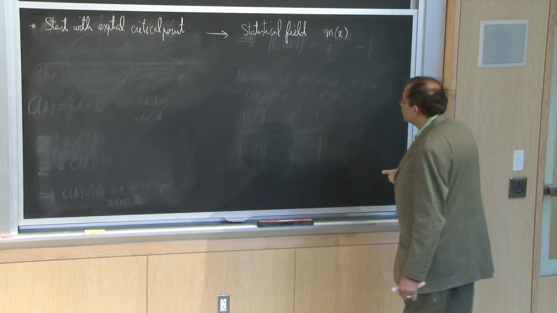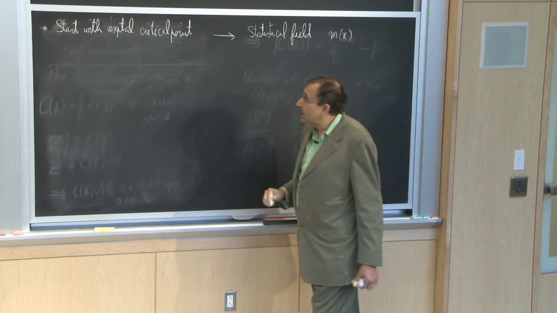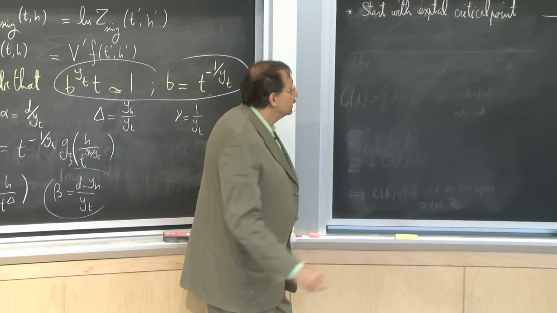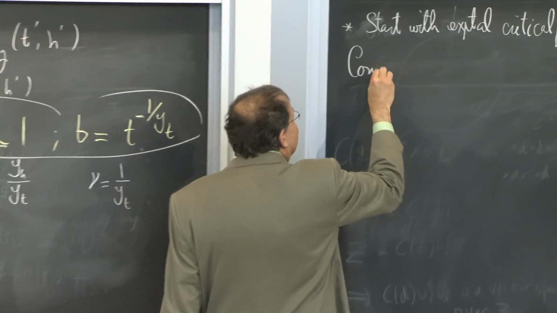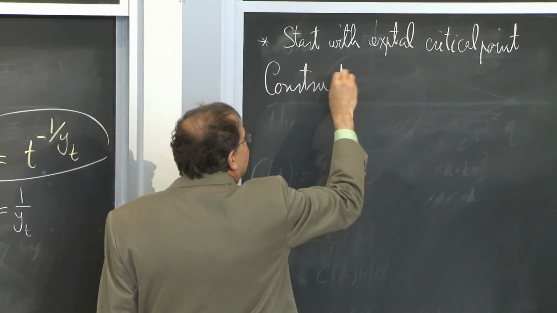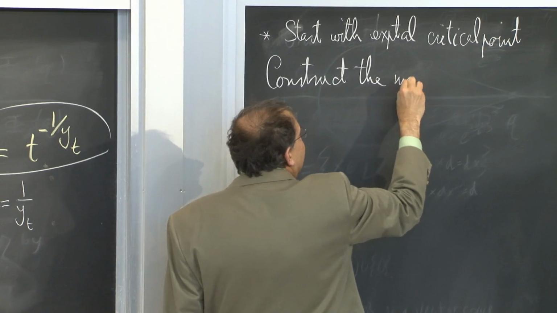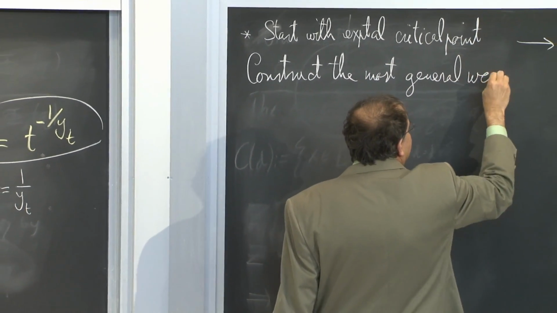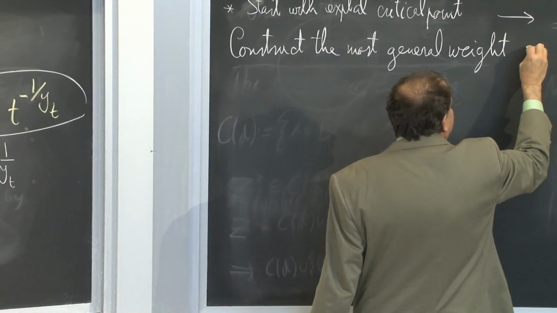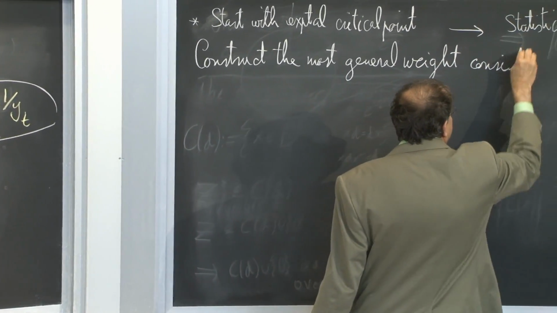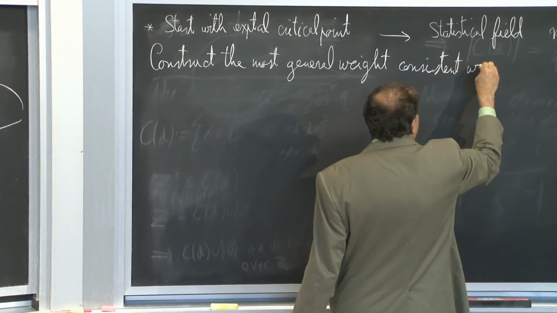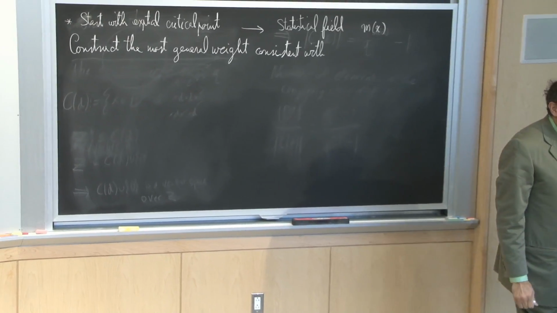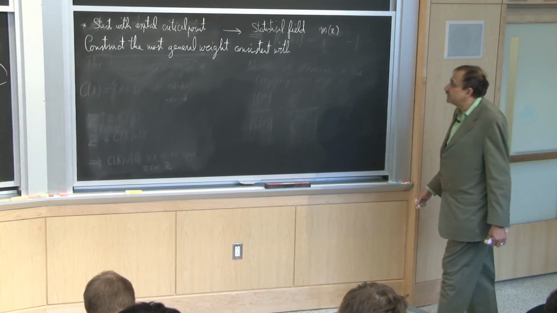And based on that order parameter, or statistical field, you construct the most general weight consistent with symmetries. With not only symmetries, but the kind of assumptions that we have been putting in play.